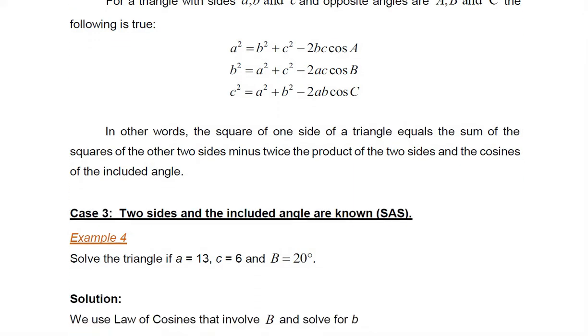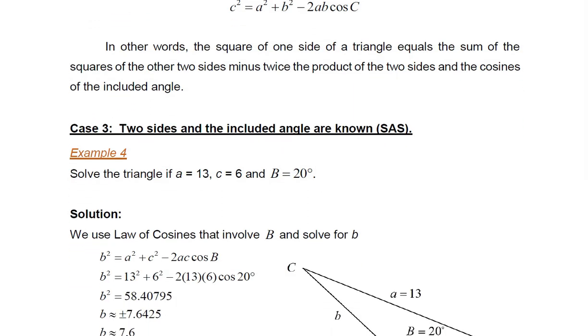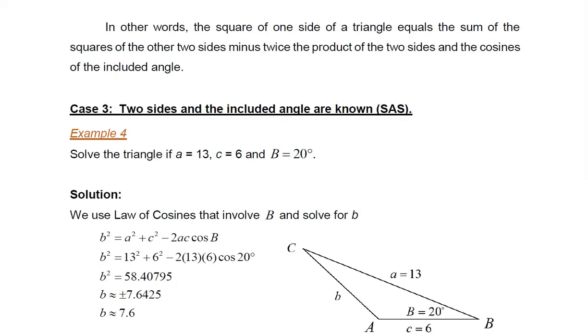Okay, for case 3, we will have two sides and the included angle, known as SAS. SAS refers to side angle side. For example, solve the triangle with side a equal to 13, c equal to 6, angle B equal to 20 degrees.